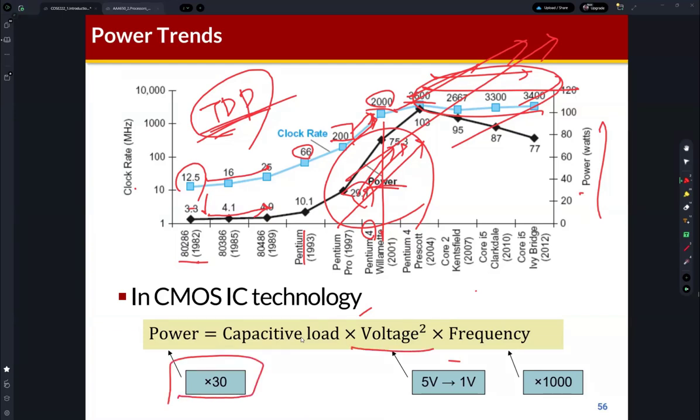But we can observe that from 200 to 2000, the frequency is increased around 1,000 times, but the power is just increased 30 times. It is because we can reduce the voltage level when we use the smaller transistor.